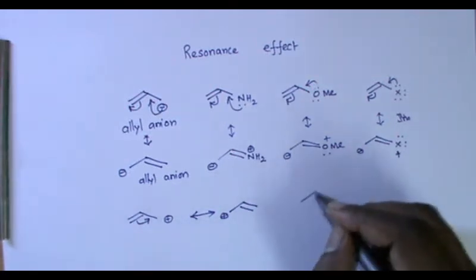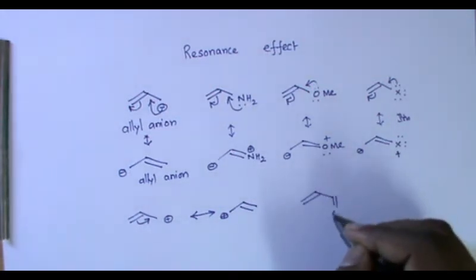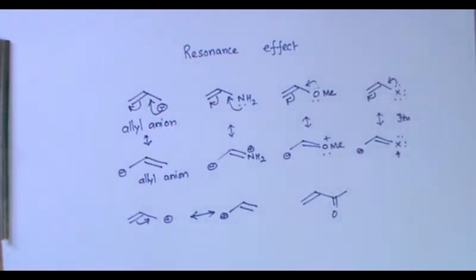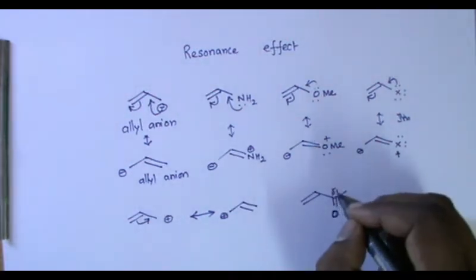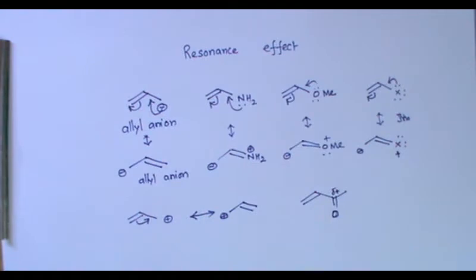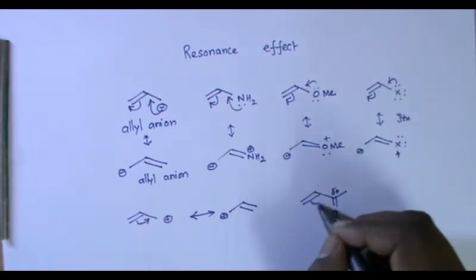A similar system like this. Here we don't have a carbocation or carbanion, but because of this more electronegative atom, we have del plus on this carbon. It is not exactly plus, it is del plus. There is some positive charge. So what happens?